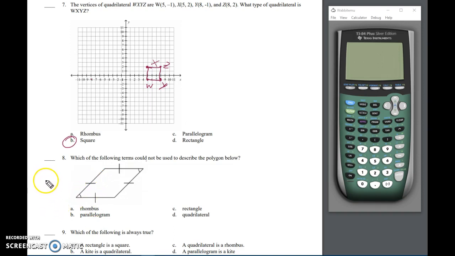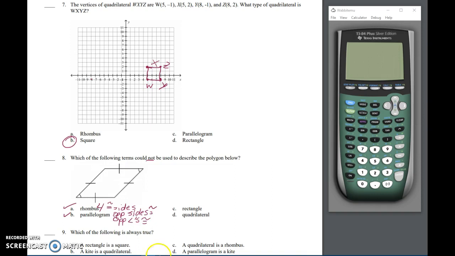Number 8. Which of the following terms could not be used to describe the polygon below? Well, it is a rhombus because it has 4 congruent sides, so that can be used. A parallelogram, yep, I can call it a parallelogram because I have the opposite sides equal and a pair of opposite angles equal.